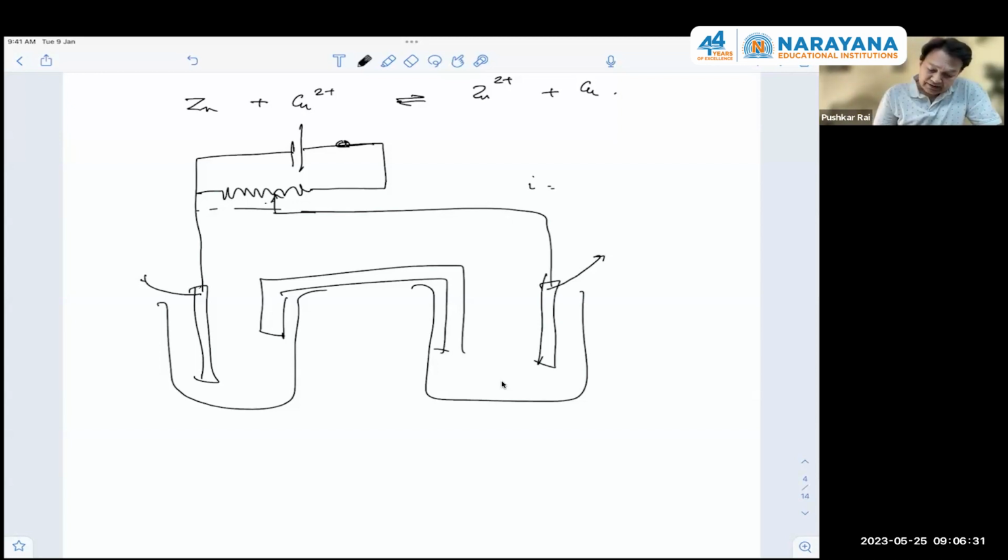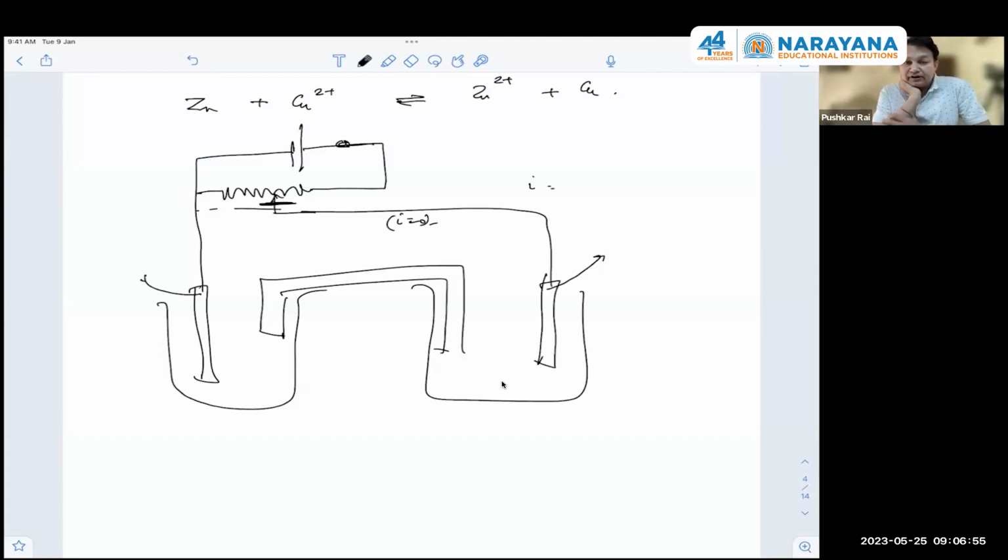When you are balancing this arm, moving it here and there, current is flowing in opposite directions. At a certain point, which you call the null point, the potential drop over here and here will be exactly equal to the potential drop over here and here. So the current flowing through this, I, will become 0.